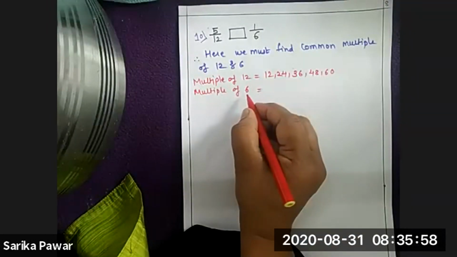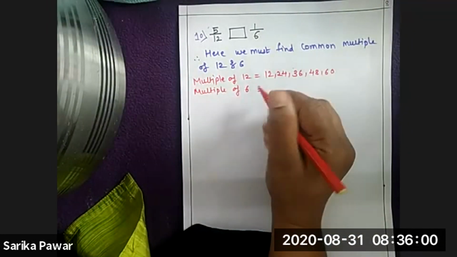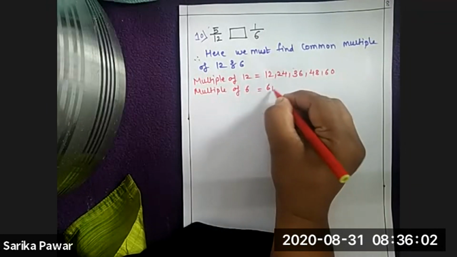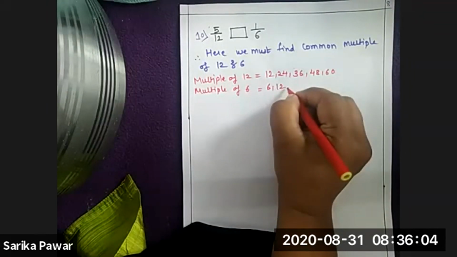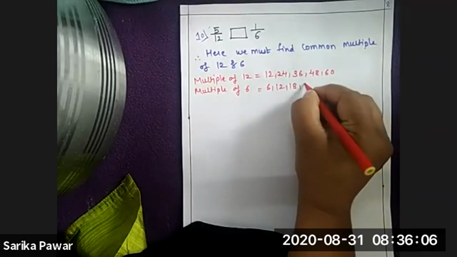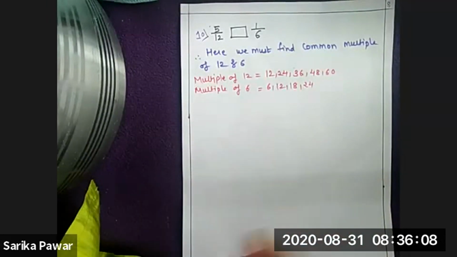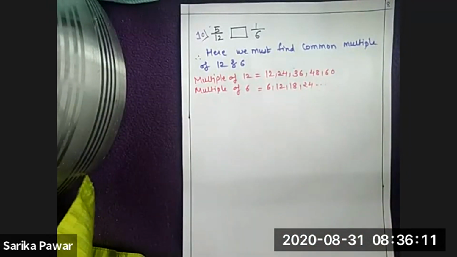And here the multiple of 6. You can write the table of 6 by your own. 6 ones are 6, 6 twos are 12, 6 threes are 18, 6 fours are 24. Like that way you can write the table of 6. Got it all of you? Now tell me the common multiple in between. Tell me the common multiple.